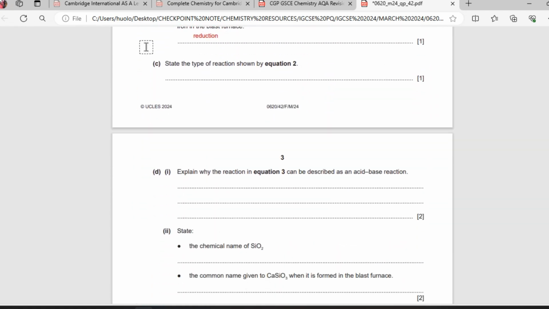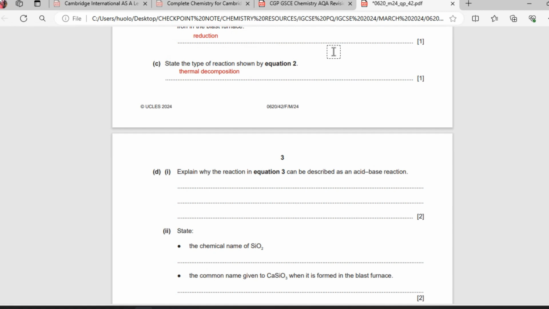If it's electrically, we say electrolysis. But this time we are doing thermal decomposition. So thermal decomposition is the reaction it takes.